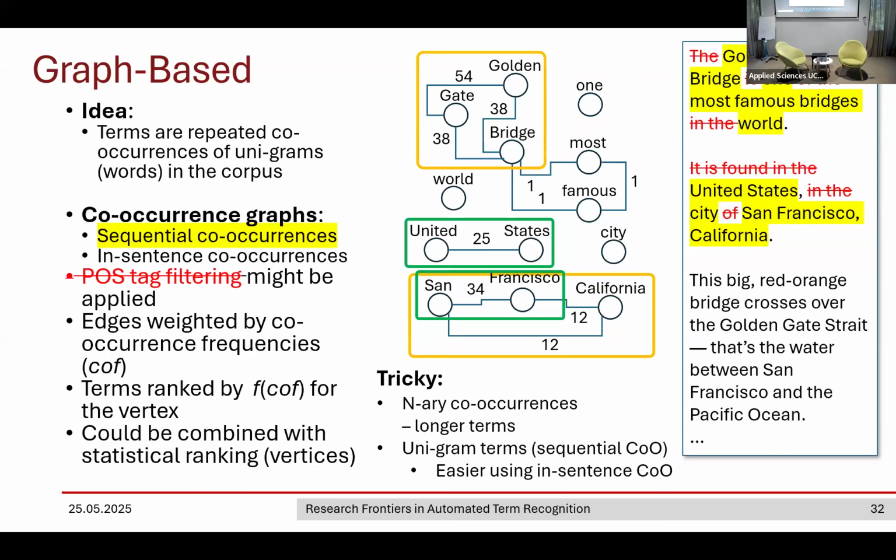co-occurrence graphs are built using either sequential co-occurrences, like in a sequence of unigrams, Golden Gate Bridge together, or in-sentence co-occurrences, like bridge and, at the end of the sentence, California.